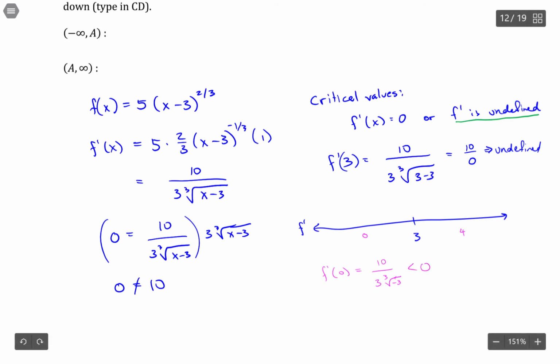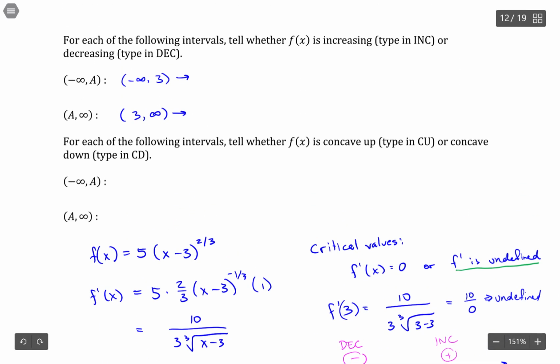That result is less than 0. So that means we are decreasing on this interval. If I plug in 4, then 10 over 3 times the cube root of 4 minus 3, which would be 1. So everything here would be positive. So this derivative is positive, meaning that I am increasing on that interval. So what did we say? We were decreasing here and increasing there.